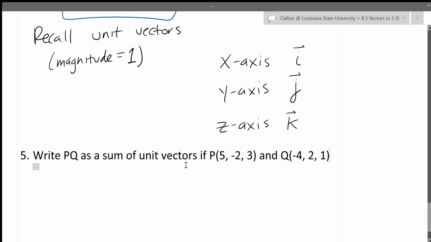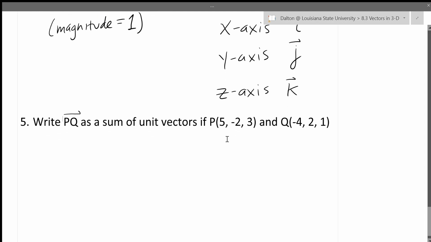Write vector PQ, so this should have vector notation, as a sum of unit vectors. So the first thing to know is that I have the points that I need, but I don't have a vector. So that's going to be part 1, figuring out what the vector should be.